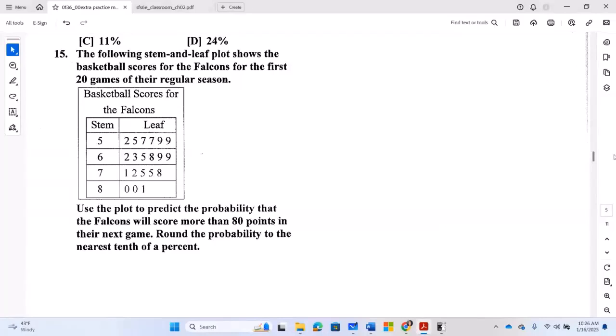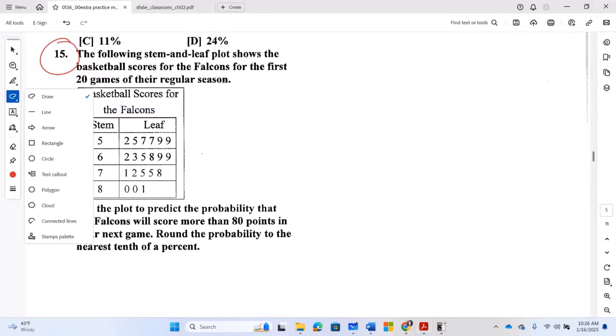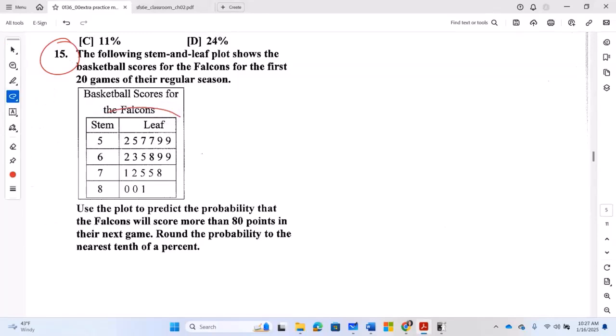Stem and leaf data is a way to organize quantitative variables. When you were in middle school, you probably did stem and leaf display. But anyway, this data is organized in stem and leaf plots.